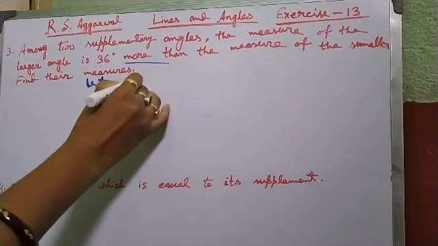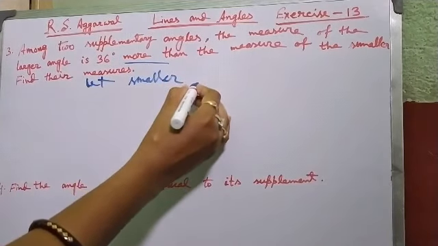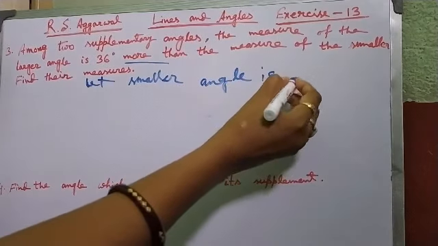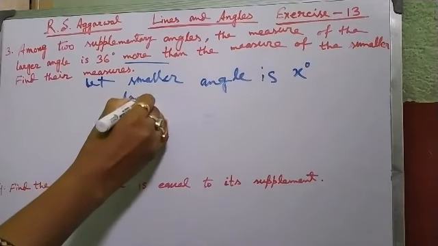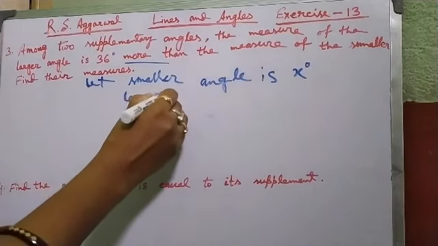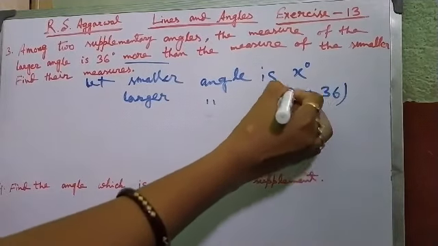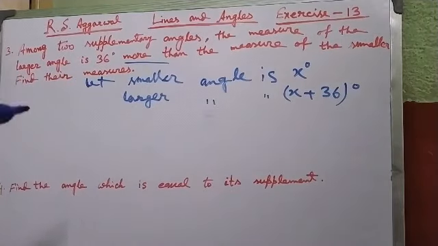Let the smaller angle be x degree and the larger angle be x plus 36 degree, because it is given 36 more than the smaller one.